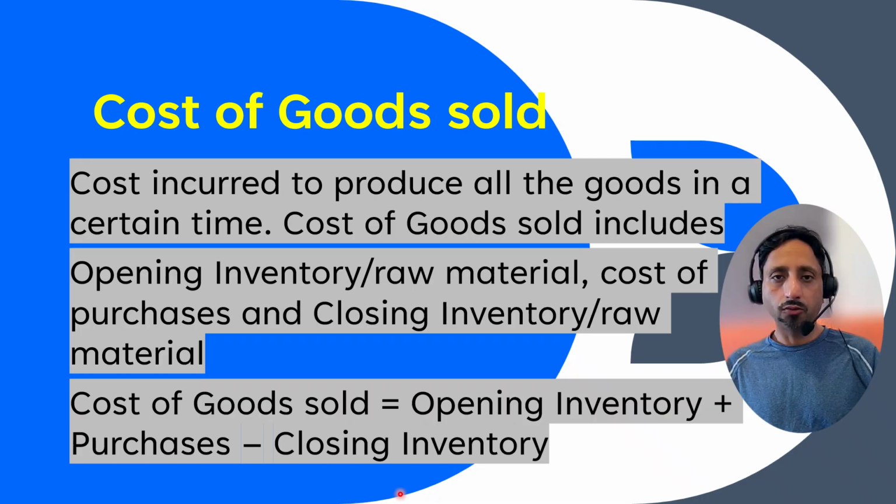So that value of raw material which is left over, which you're going to transfer to the next year, that is the closing inventory. So the closing inventory of the last year becomes the opening inventory of the new year. So that is how you calculate cost of goods sold. That is opening inventory plus the value of purchases minus closing inventory.